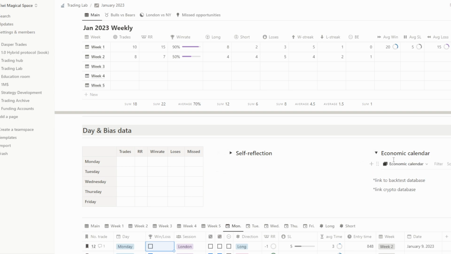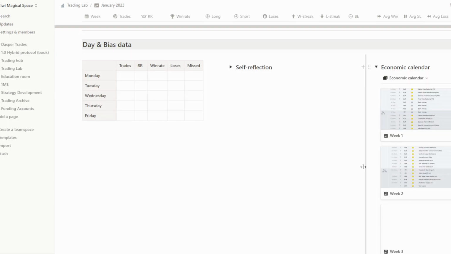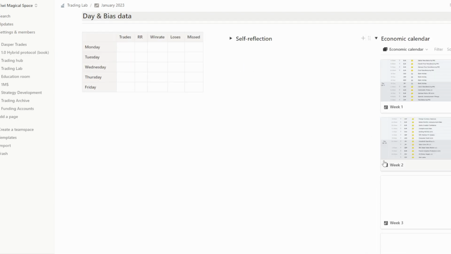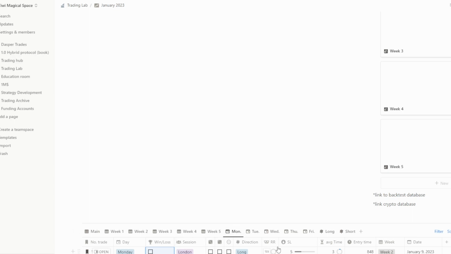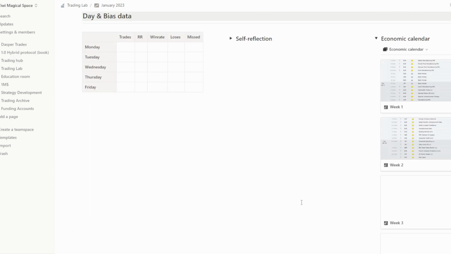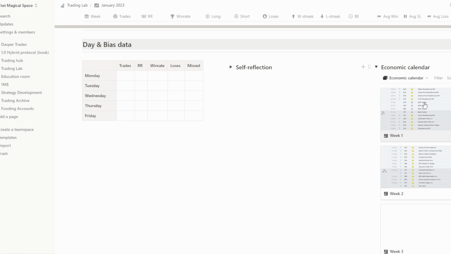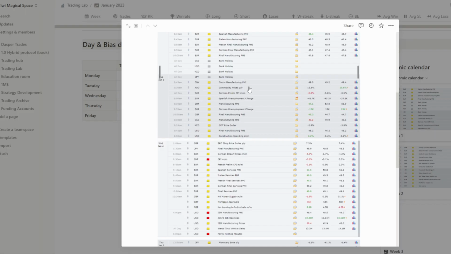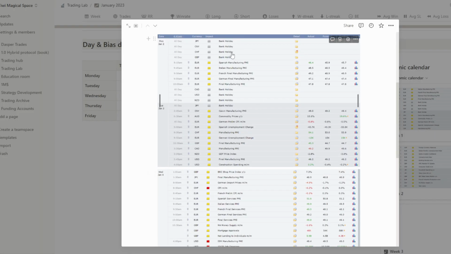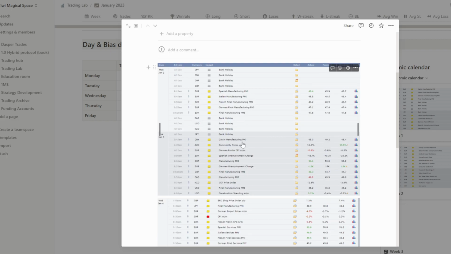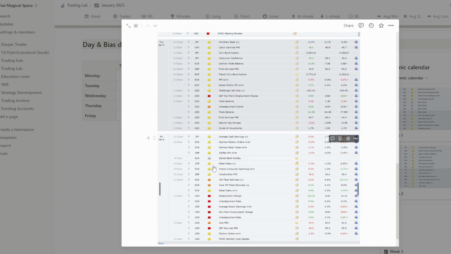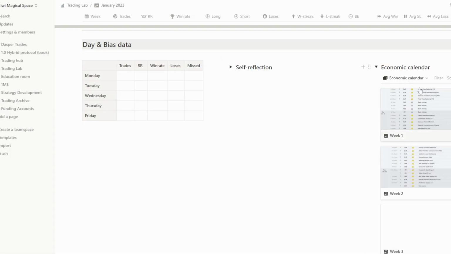In here, the economic calendar, which I found quite helpful, is that when I go through some data a little bit later on, I'm curious if at that specific time there was some news that might have had an impact on the price action. So what I started doing is, in week one, I screenshot forexfactory.com, where I can see all the news related to specific pairs.